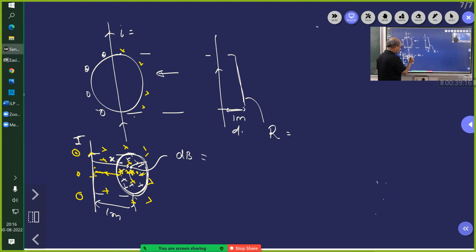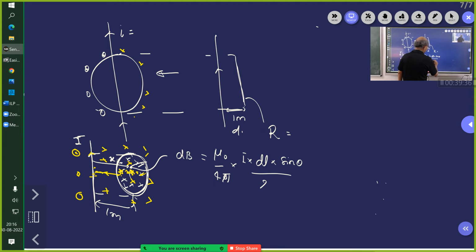Supposing you take this distance as x, then you get dB equal to mu naught by 4 pi, I dl sin theta divided by r square. This is what you will get at this point, right? But you would like to know the total magnetic flux here.